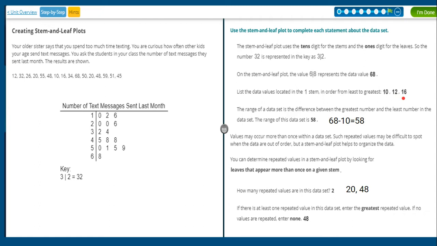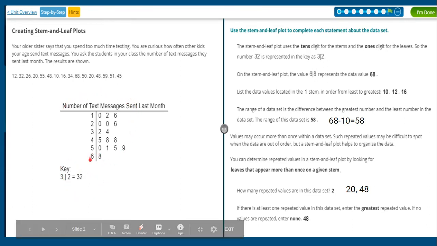All right, now the next concept they're asking you is the range. The range of a data set is the difference between the greatest number and the least number in the data set. So I've already written out the answer for you. The range of the data set is 58. So how did we get 58? Well, the highest number of text messages was the number 68.